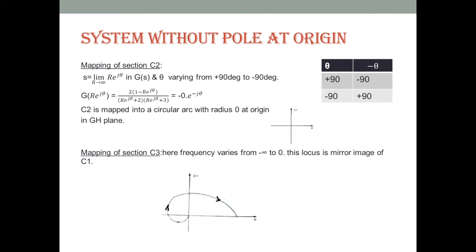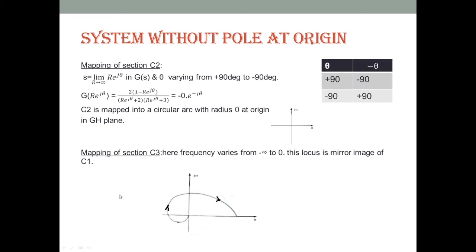If we put g of a, where a is equal to r e to the power j theta, then we will find that limit r tends to infinity, g of r e to the power j theta becomes 0 into e to the power minus j theta.